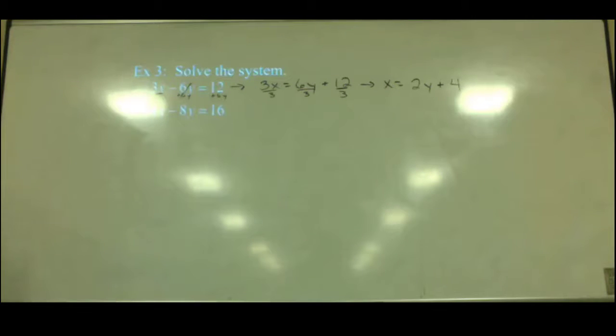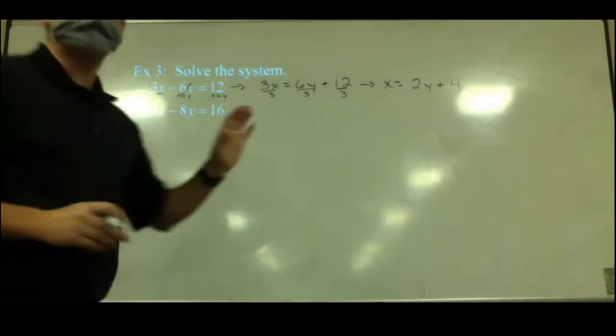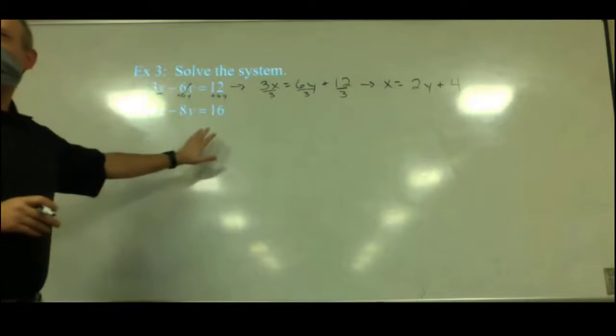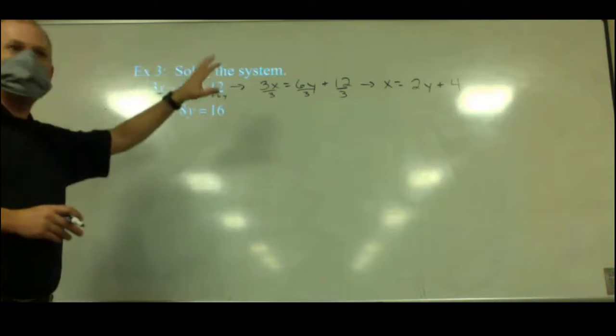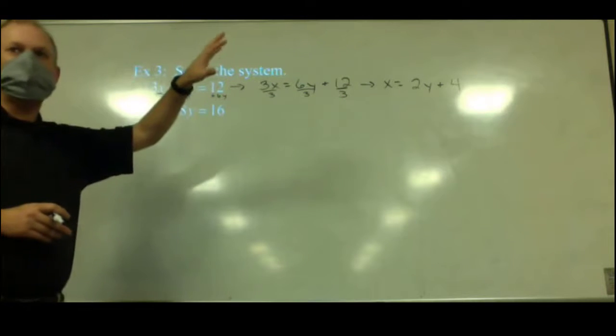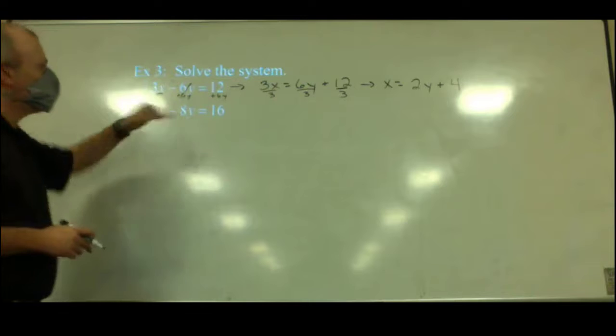Okay, so are we good so far that we have now solved for the x? Now we're going to substitute, but we have to substitute into the other equation. If you substitute back into itself, it always turns out the same way, and it doesn't tell you anything. So let's substitute into the bottom one.